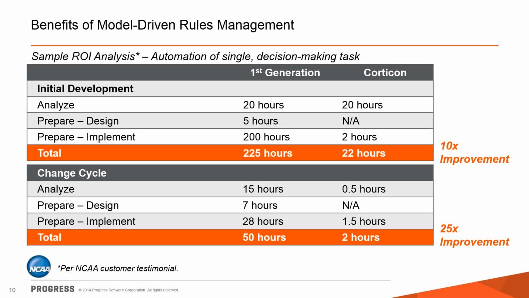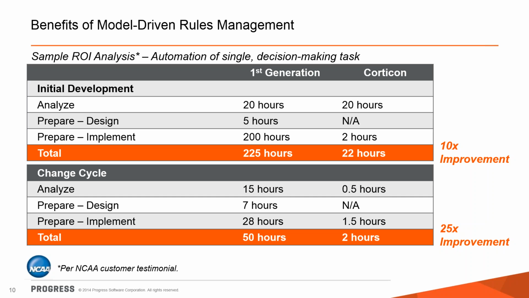Even greater is when it comes to changing a rule. So for a person to go into the code, figure out what's the exact rule that needs to be changed, test that rule, make sure that the change that you've made will only impact that single rule that you intended to change and will not impact anything or break the code, versus changing that in Corticon, there's a 25 times improvement.